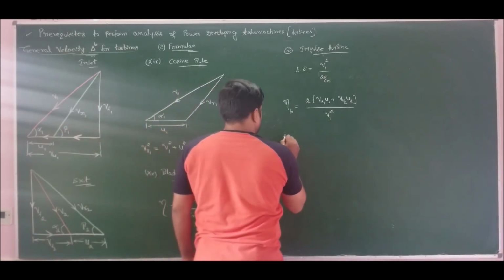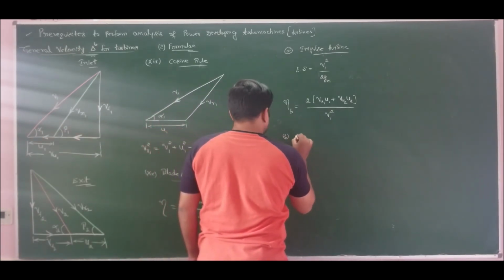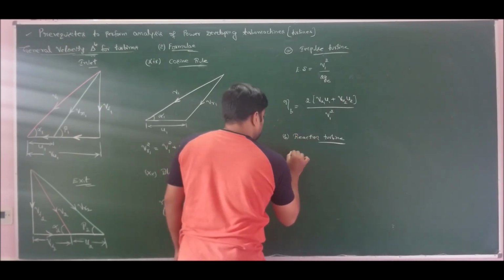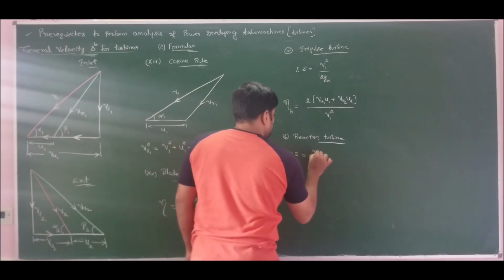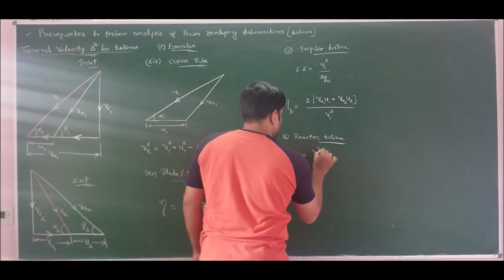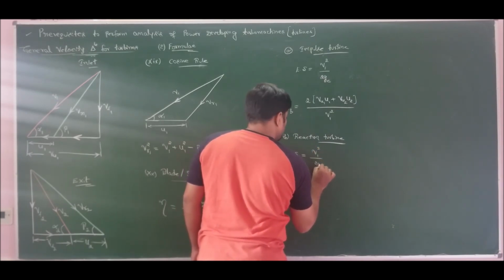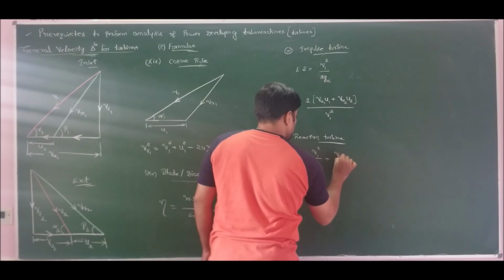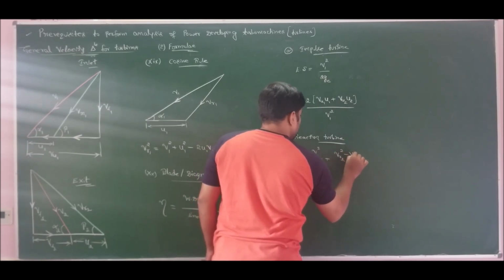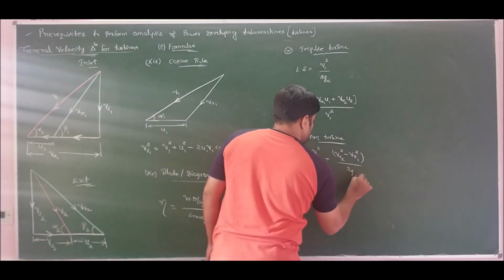If I write it for reaction turbine, energy supplied will be in both stator as well as in rotor, plus (VR2 square minus VR1 square) by 2gc.